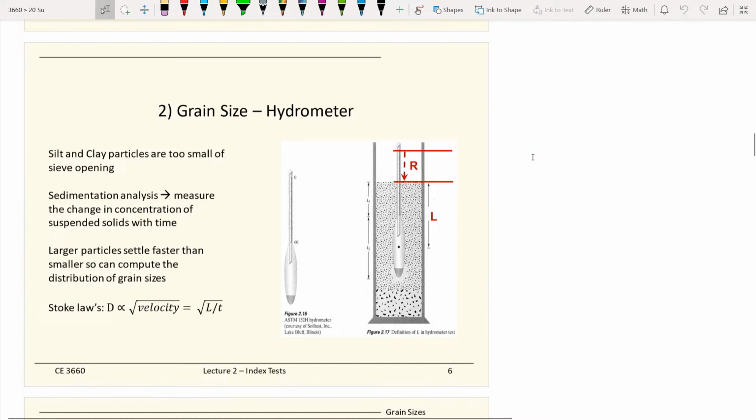Okay, for the hydrometer test. This test we will cover in more detail in the laboratory course CE 368, because in the lab we will be able to spend more time with the equipment. Actually, we have hydrometer setups that you can work on hands-on.